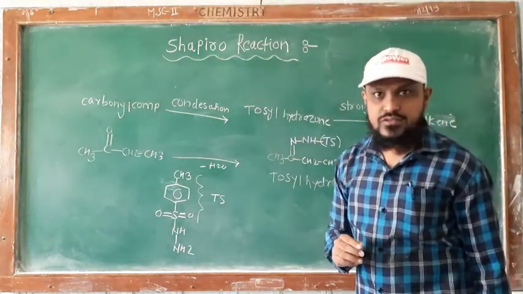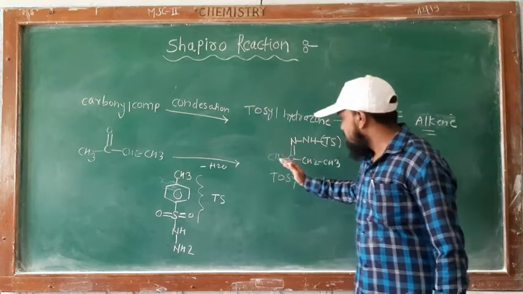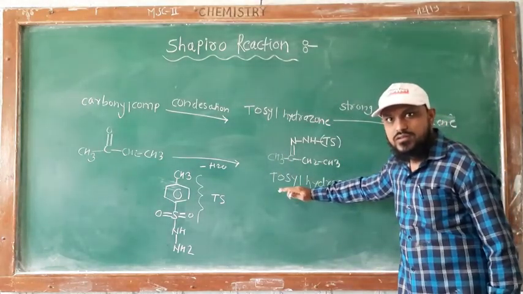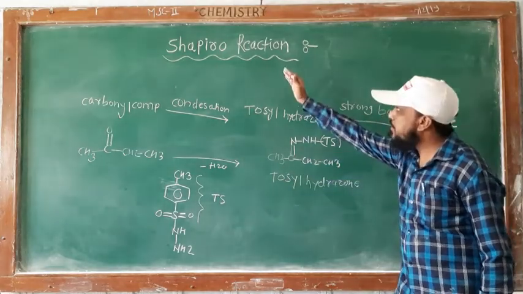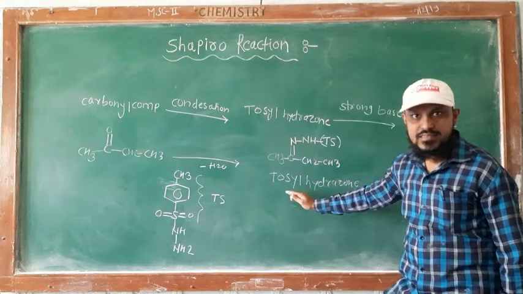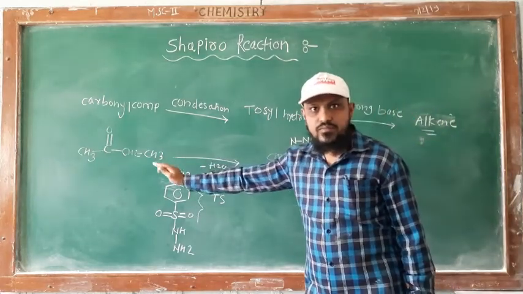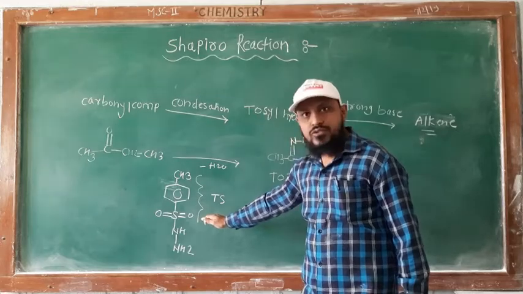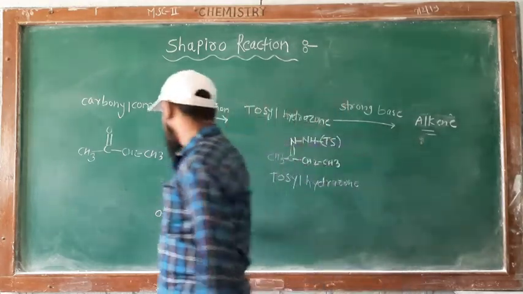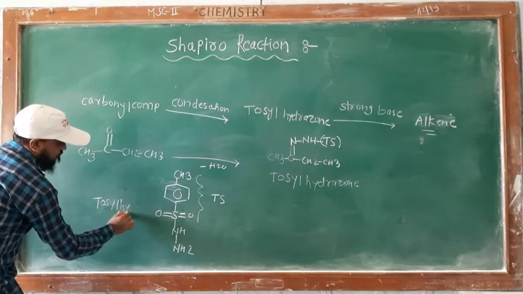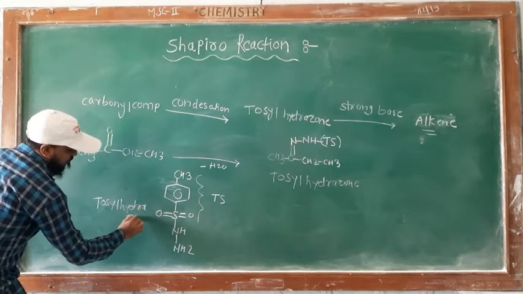So the actual substrate molecule of the Shapiro reaction is tosyl hydrazone, formed from the carbonyl compound and tosyl hydrazine.